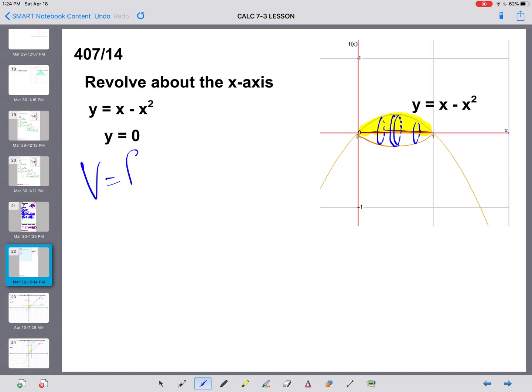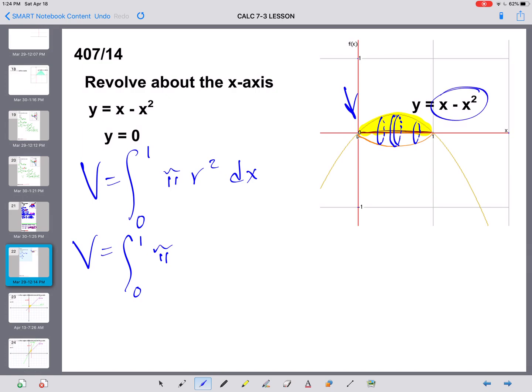Volume equals integral, where we start our slices, right here at x equals 0. We're going to x equals 1, and it's pi r squared times dx. So we've got 0 to 1. We've got the pi. What's the r? The r is that equation right there, x minus x squared.